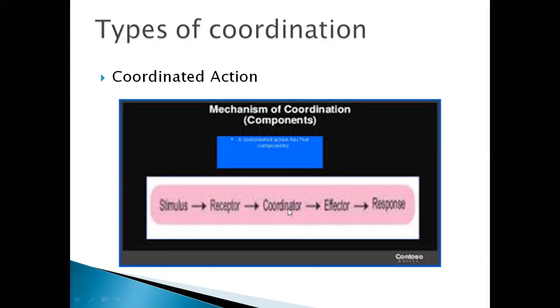One was the nervous coordination, and the second one was the chemical coordination. If I am speaking, you're listening to me, right? This is nervous coordination. Simply, the stimulus was the voice, the receptor was your ear, and now your brain is reading it, that whatever I am speaking, your brain is reading it and then understanding it.